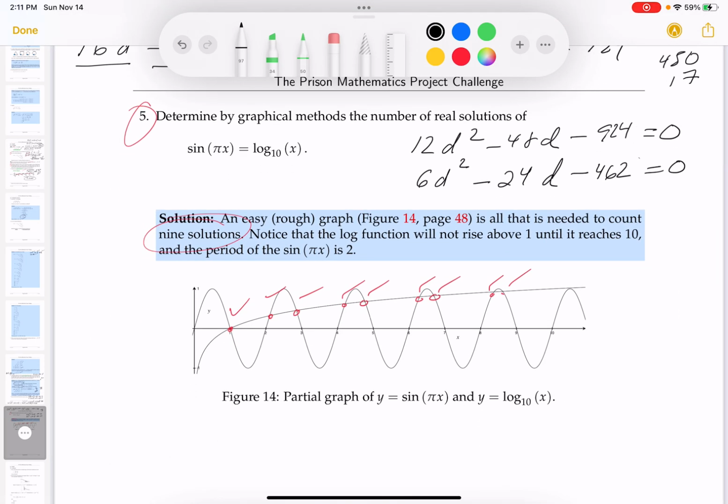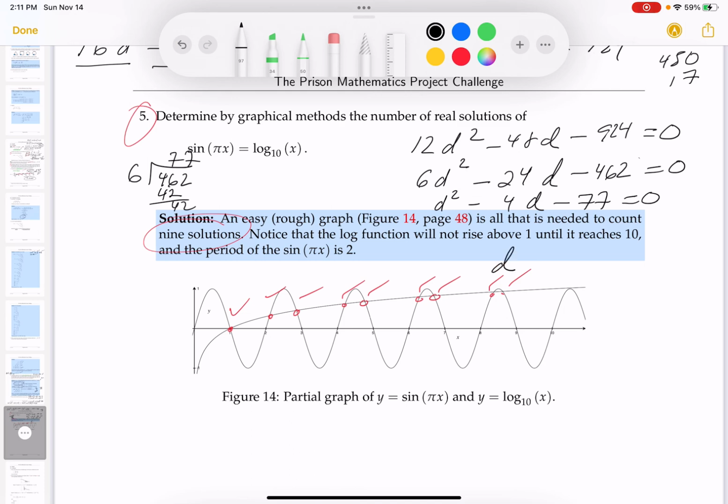Let's see. I think I can divide by 6 now. D squared minus 4d. And 6 goes into 462... 77.